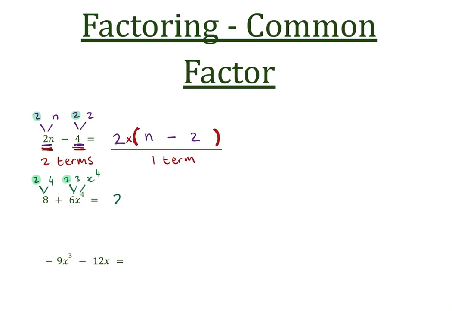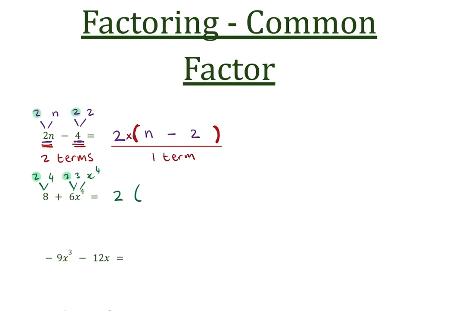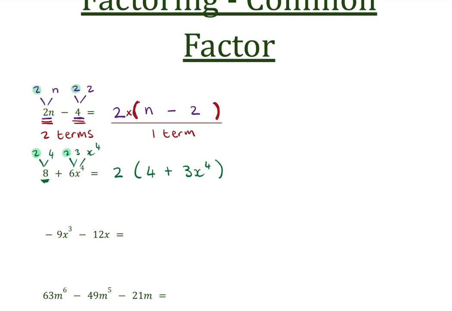So I would take 2 out as a common factor, and I'd be left with 4, because 2 times 4 will give me 8, plus 3x to the power 4. And there I have factored. I've gone from two terms to one term. And to check it, we could multiply out. That's 2 times 4 is 8, and 2 times 3 would be 6 multiplied by x to the power 4. So we know that we have done that correctly.